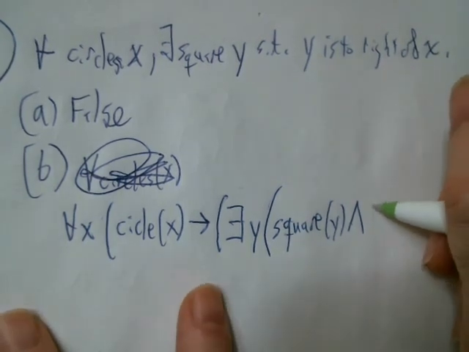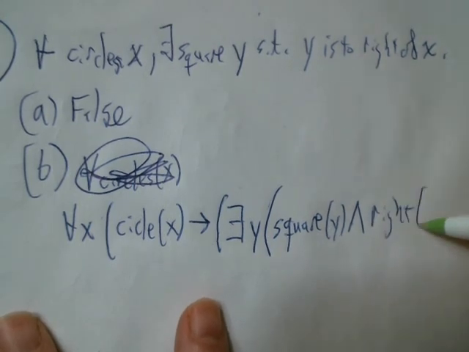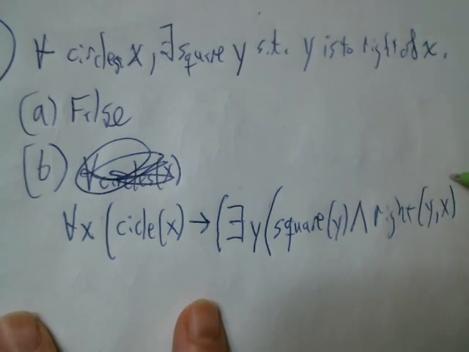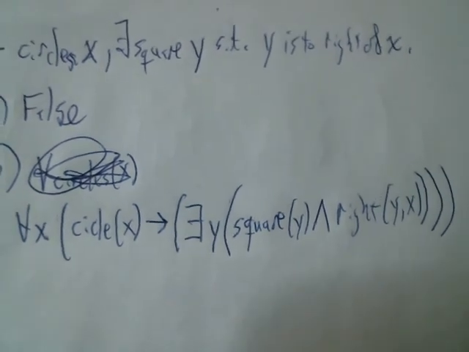So the function is right. And then we need 3 parentheses. Okay, so that's part B.